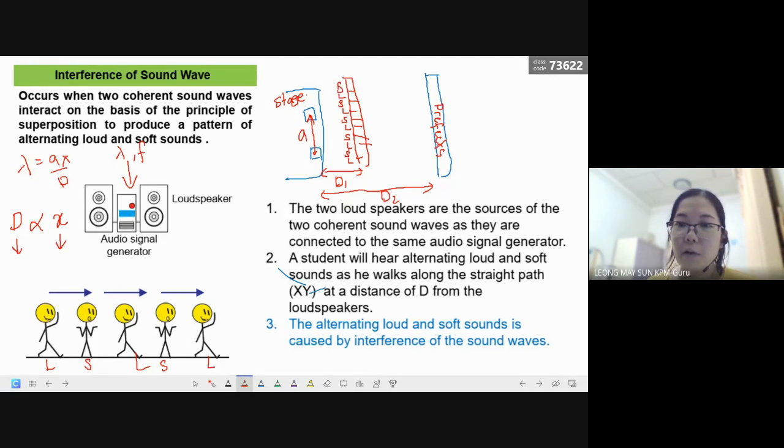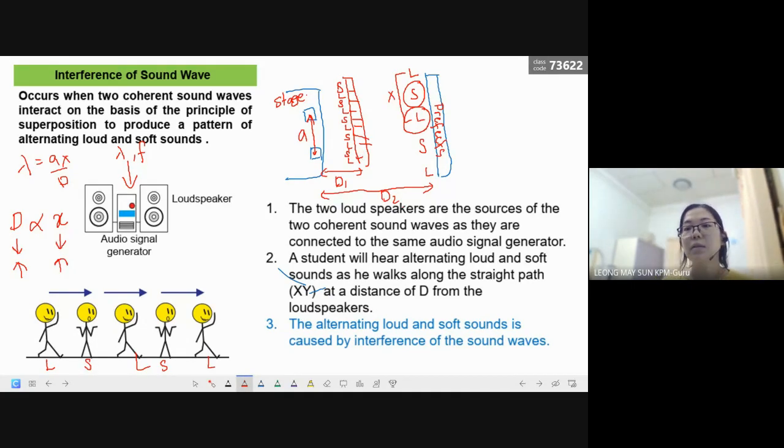But for students sitting further away from the speakers, X increases, which means the students can hear loud and soft, loud and soft, and then loud again. The distance X increases. So there's a very huge range of students that will hear soft sound, and a very huge range who will hear loud sound, but it's not as clear as for the students in front.